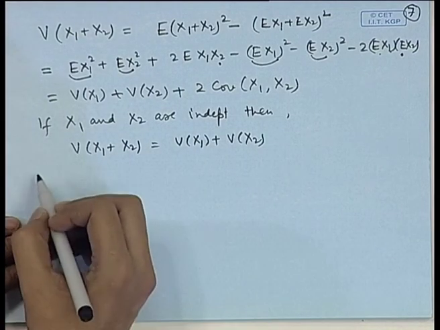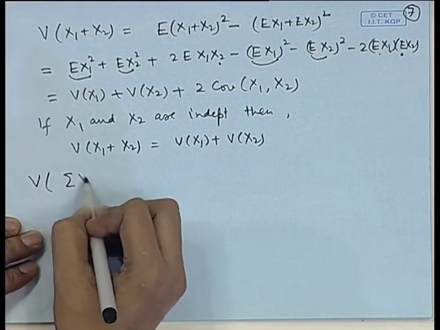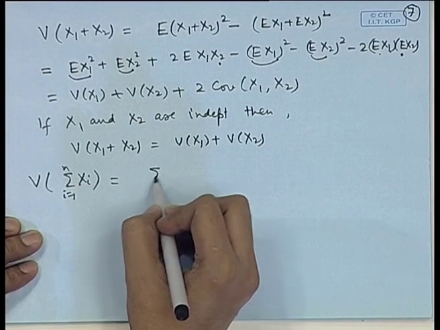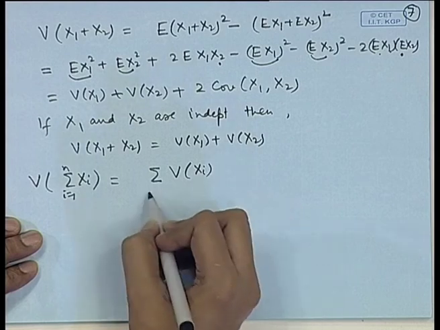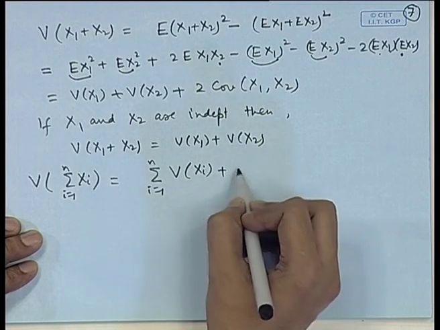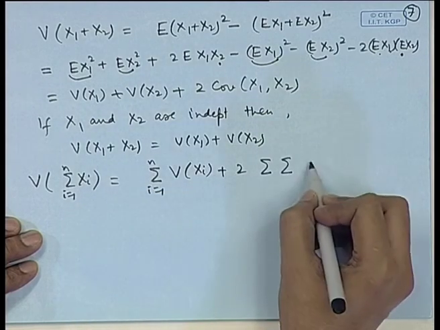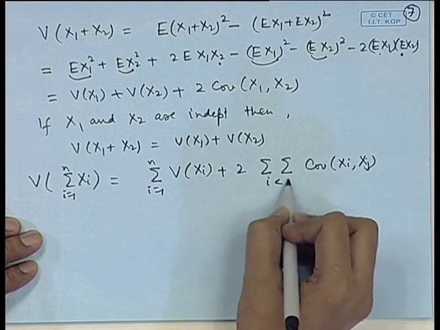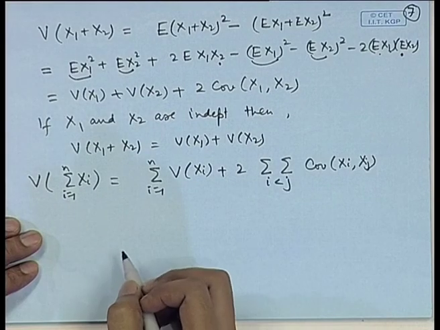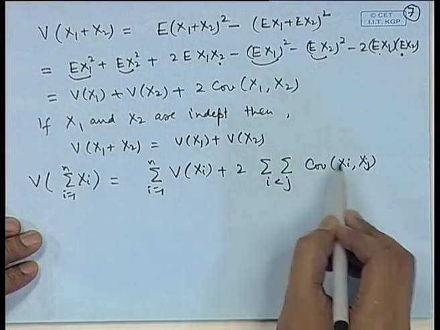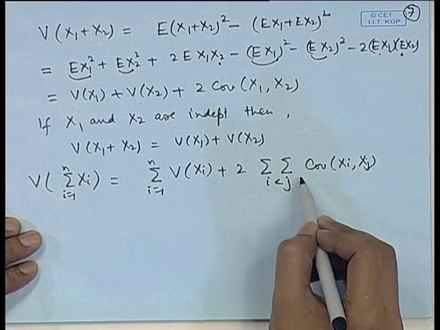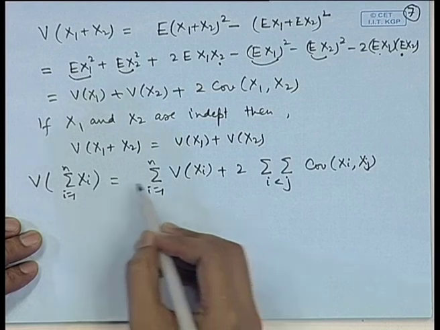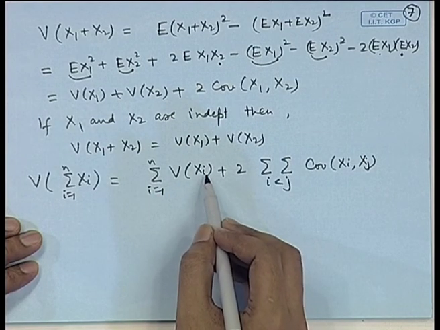So, we can generalize this result: the variance of a summation is equal to the sum of the variances plus twice the double summation of covariances of X_i X_j, where i is less than j. Obviously, if the random variables X_1, X_2, ..., X_n are independent, then these covariances will vanish and we will have the variance of the sum equal to the sum of the variances.